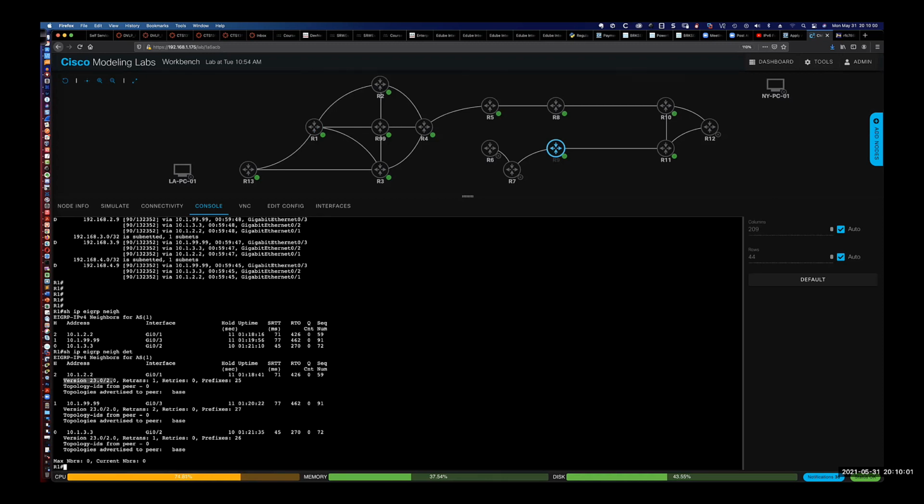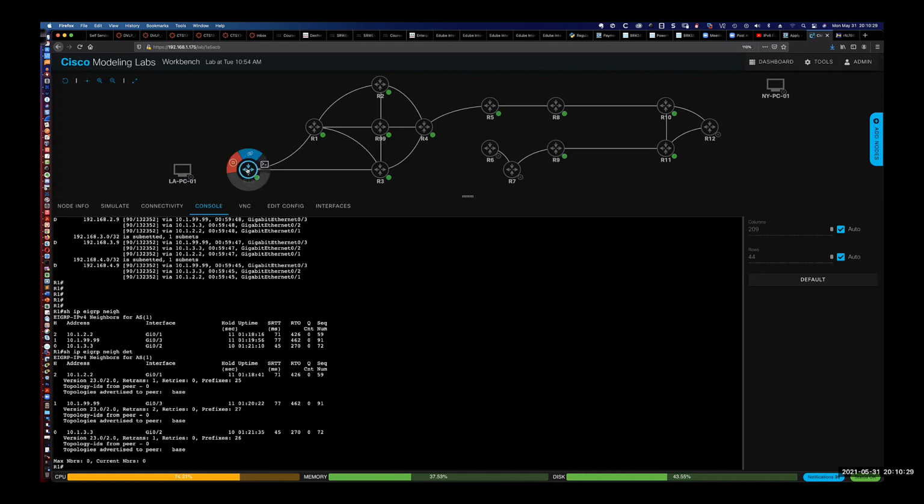It'll show you if there's retransmissions, retries, prefixes that have been learned. So it gives you some additional information. So show IP EIGRP detail is very helpful. And it's very helpful when you're setting up stub networks with EIGRP, right? Because it'll show you how this router views other routers if those other routers have the stub flag set for whatever reason.